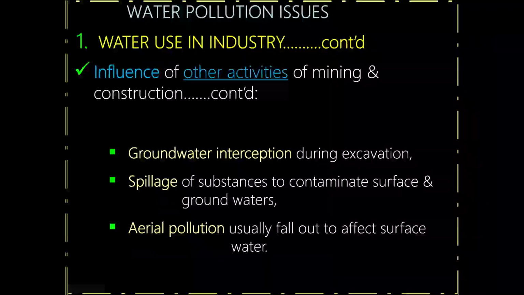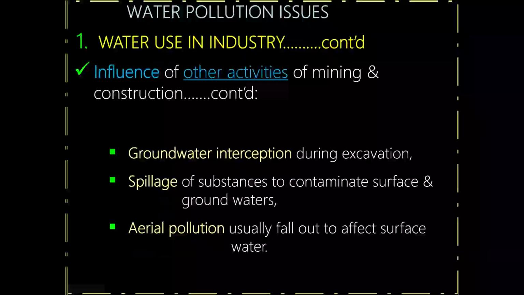But the other effect of using this water in cooling, for instance, is that it will release heat into the environment. And sometimes when we do not control it and there is accidental spillage, this hot water will get into the environment. It can get into water bodies. It can get into places it is not supposed to get to. It can get into farmlands. It can contaminate a whole lot of things.